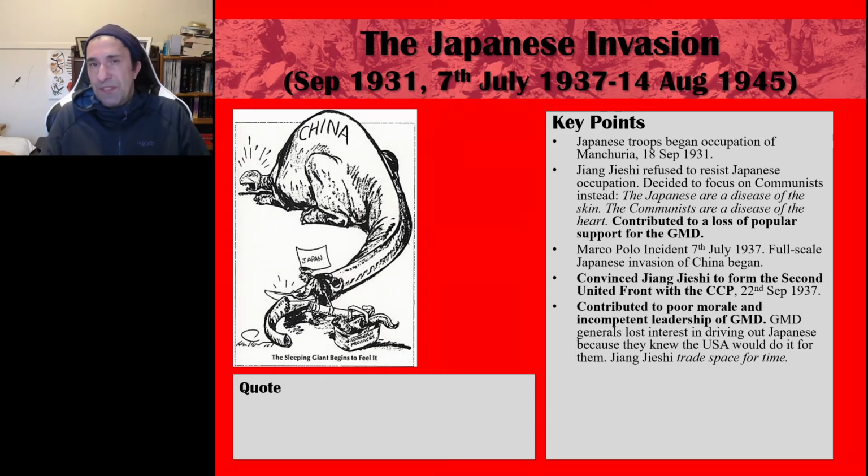Probably used a strategy of defence rather than offence to try to kick them out, because he was banking on the US to actually defeat the Japanese for him, and then he could do what he really wanted to do, which was attack the CCP and Mao Zedong and get rid of the CCP out of China. He coined this strategy, which was trade space for time.